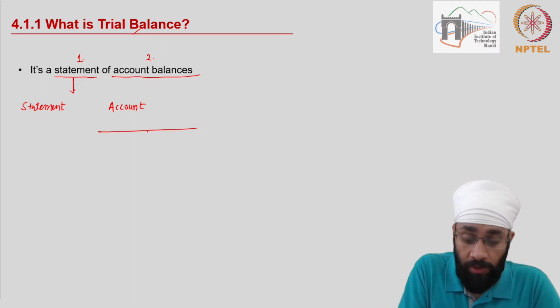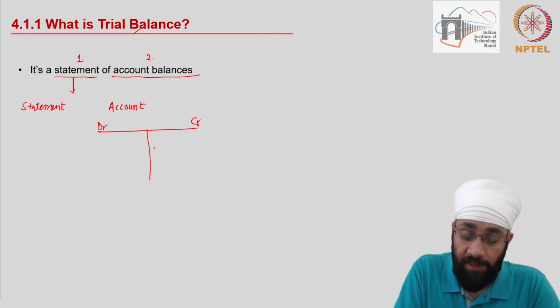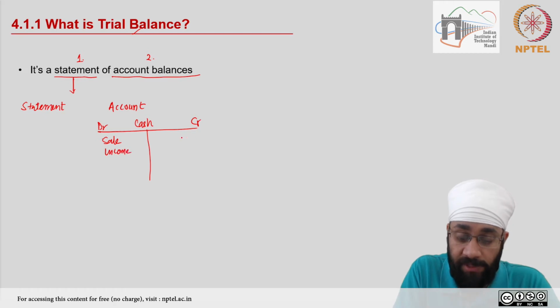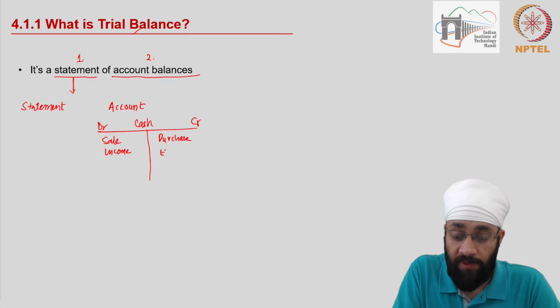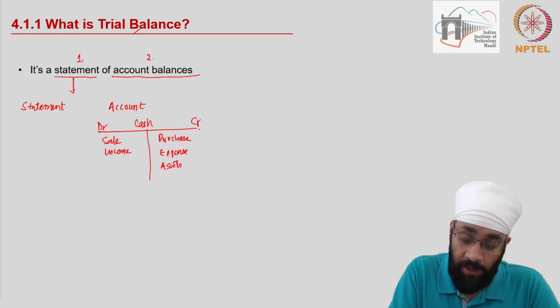So an account looked like this, where you had a debit side and a credit side. And let's say if this was a cash account, you had transactions where you got cash, or any other income, on the debit side, and you spent the cash on a number of items, expenses or any assets that were purchased.